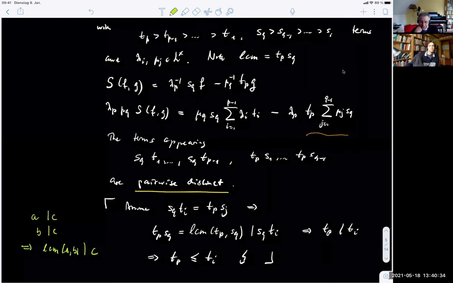In German it's kleinstes gemeinsames Vielfaches. It's a multiple of A, it's a multiple of B, and it's the smallest. But the statement is that it's even the smallest in the sense of the divisibility order. Think about prime factorization: if you factor these elements into irreducible elements, then you will see it.